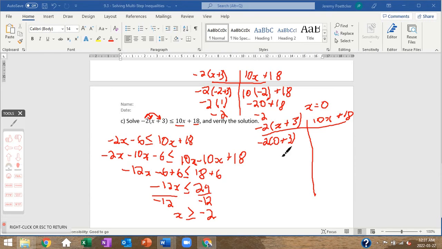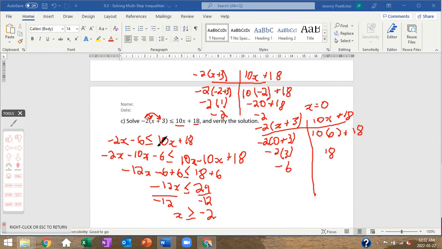That's the same as really -2 times 3, which is -6. And then over here, we've got 10 times 0 plus 18. That doesn't look much like a 0, but you heard me say it, so it is. This is going to be 0 plus 18, which is just going to be 18.